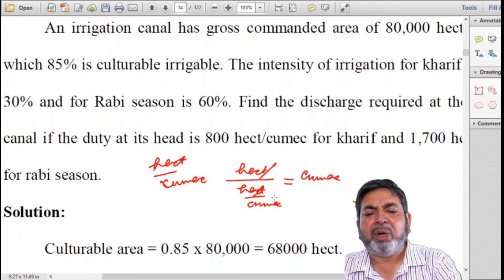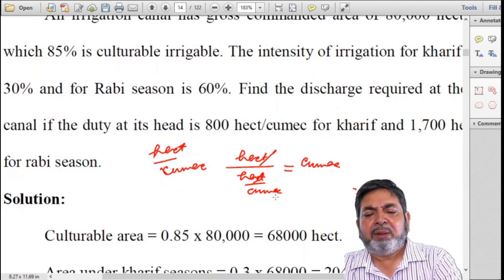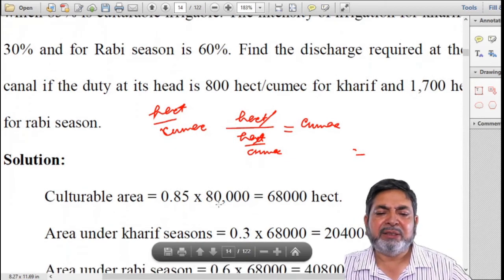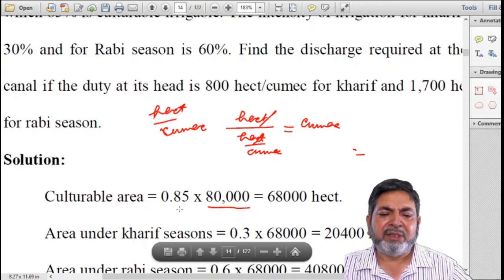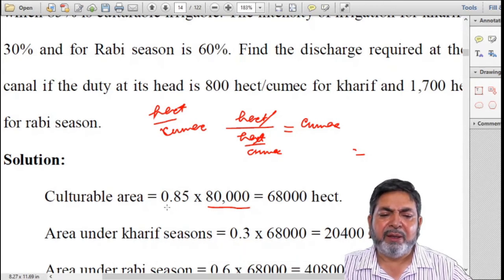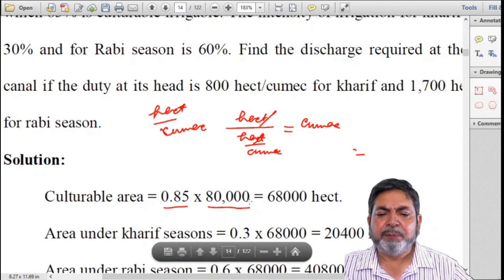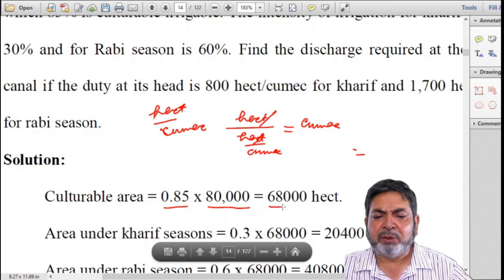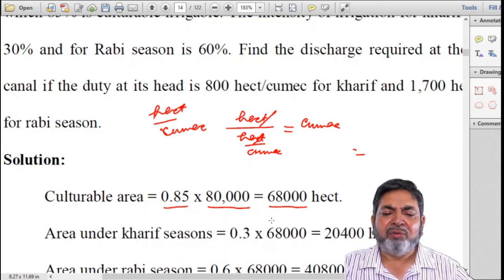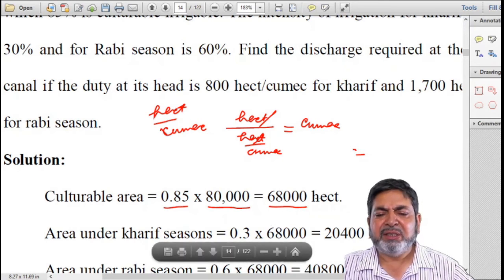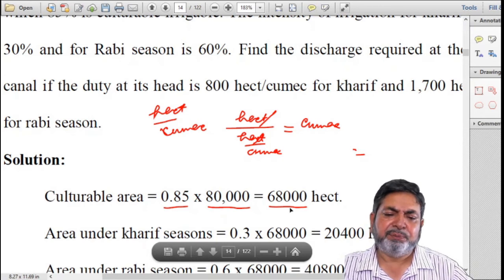Now come to our problem. The gross command area is given to you as 80,000 hectares, and out of this 80,000 hectares, 85% is cultivable irrigable. So multiply it by 0.85, and this 68,000 is the area on which you can perform the agricultural operations satisfactorily. This is CCA, or cultivable command area.